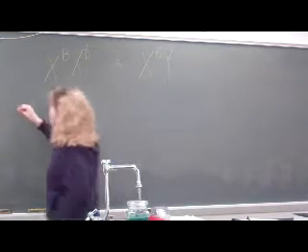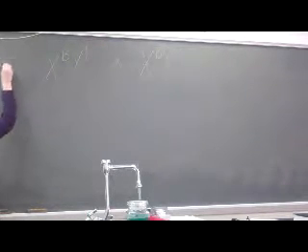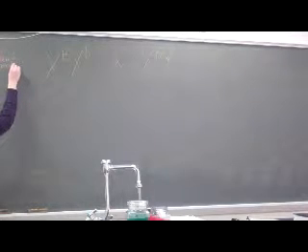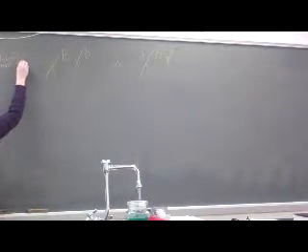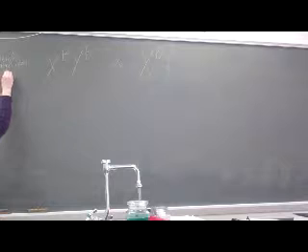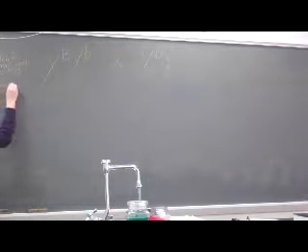Just for the record, we'll say big B is the allele for normal blood clotting, and the little b is going to represent the allele for hemophilia.